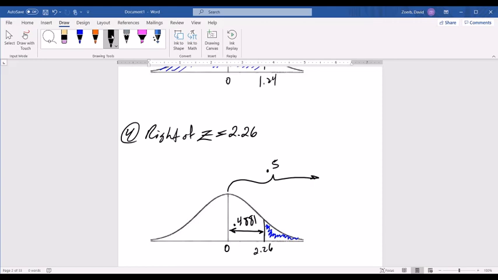It's just a little bit higher on the computation skill. So I'm going to take 0.5 minus 0.4881. Now this means I will have to borrow.